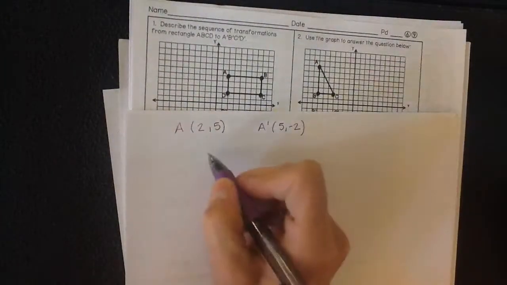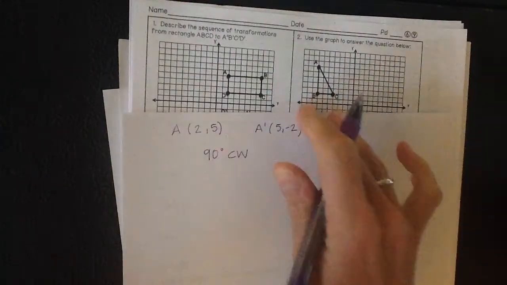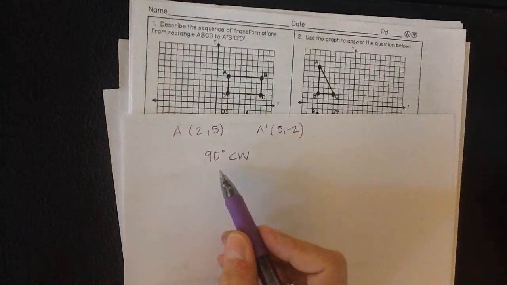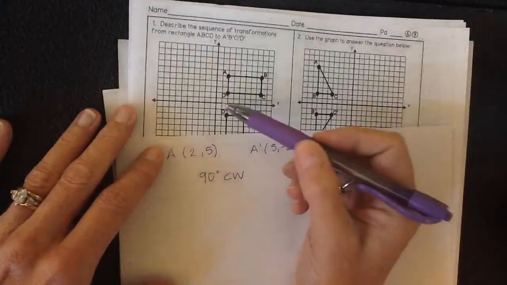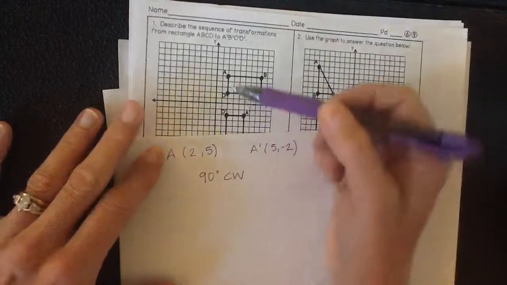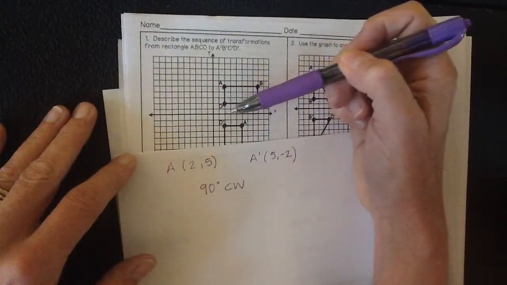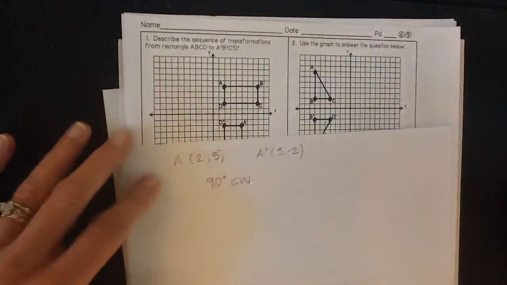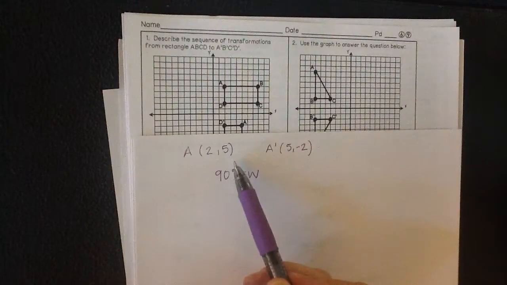Let's see if a 90-degree clockwise rotation would have worked. Is it 4, -2? It's 5. 1, 2, 3, 4, 5. Okay, there's 0, right? So 1, 2, 3, 4, 5. All right, so let's check out the 90-degree clockwise rotation.